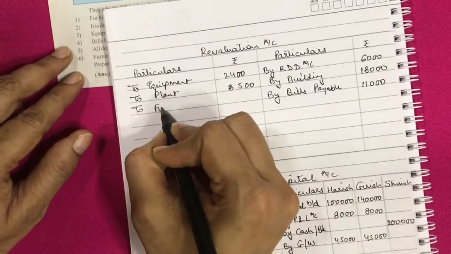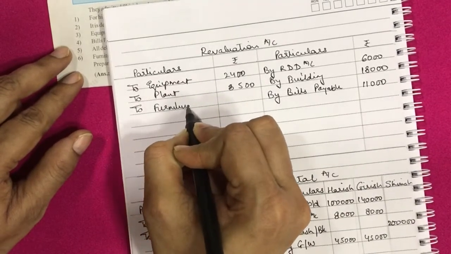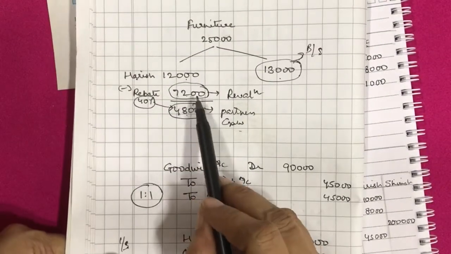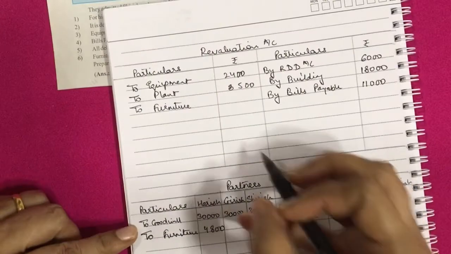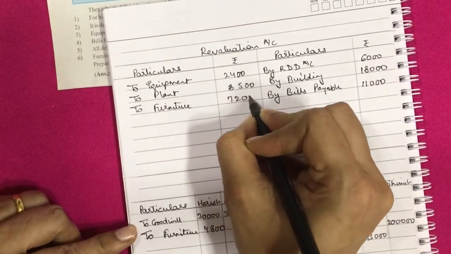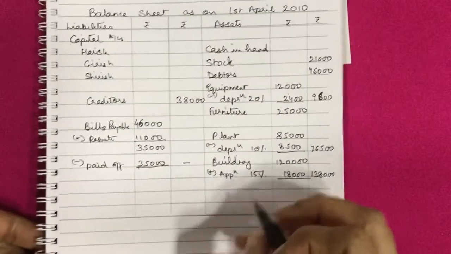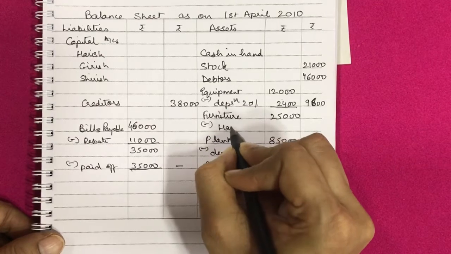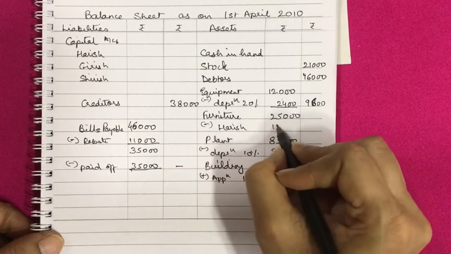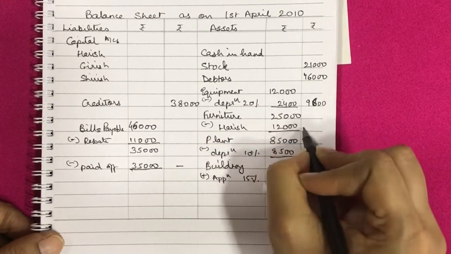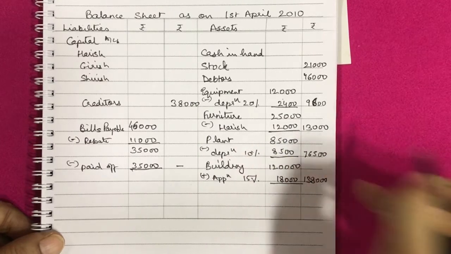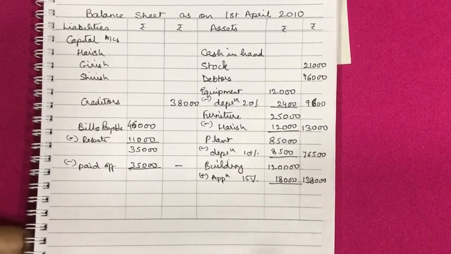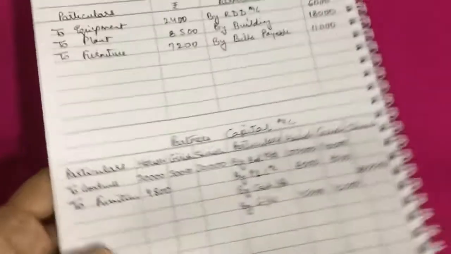To furniture, this amount. Revaluation account is 7,200 on the debit side. So write here 7,200. And the third effect was balance sheet, furniture, write less, taken over by Harish. 12,000 is taken over by him. So outer column should be 13,000. So all the effects are done. I think everything is done.